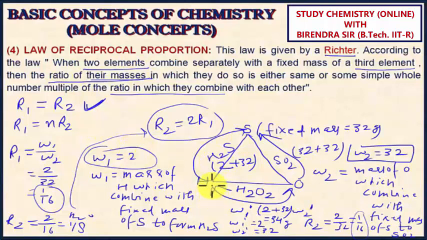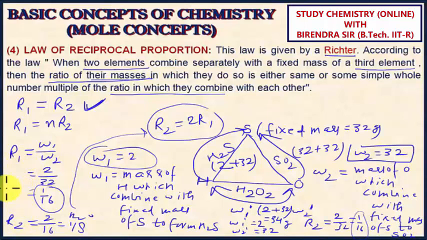The law says two elements combine with the third element, fixed mass of third element separately, and the ratio of their masses will be R1. Second, when the first two elements combine with each other, the ratio of their masses will be R2. According to the law, the two ratios are either same or multiple of each other.